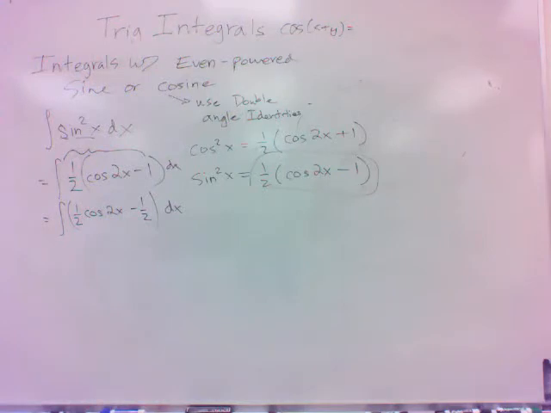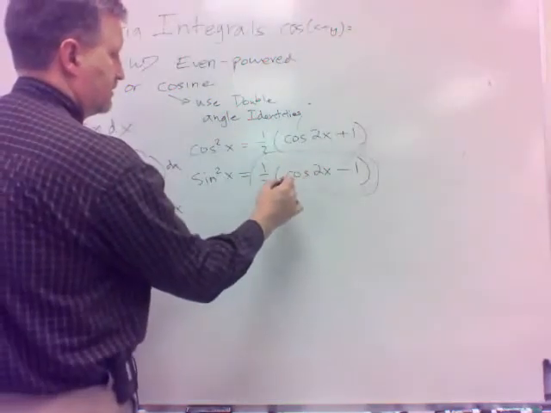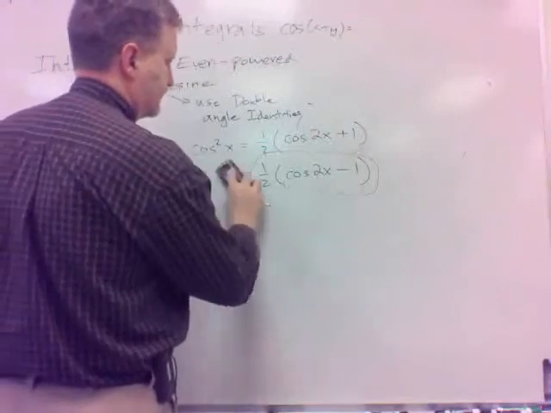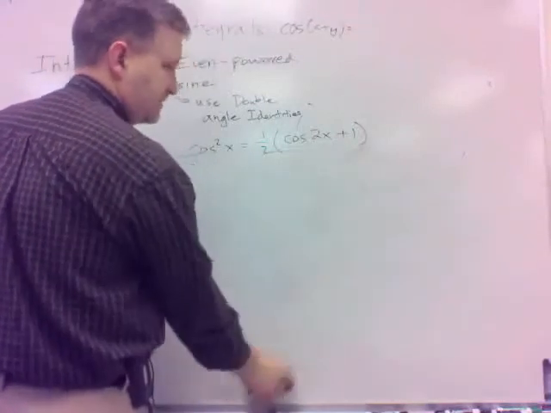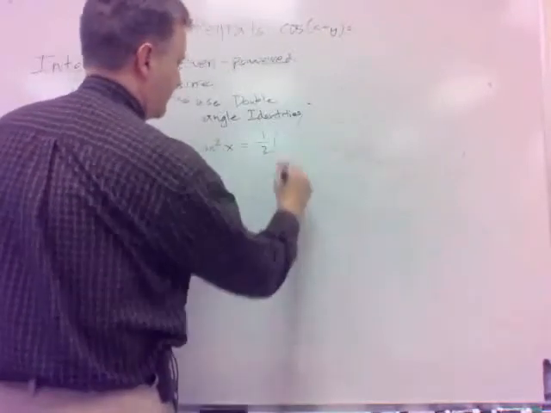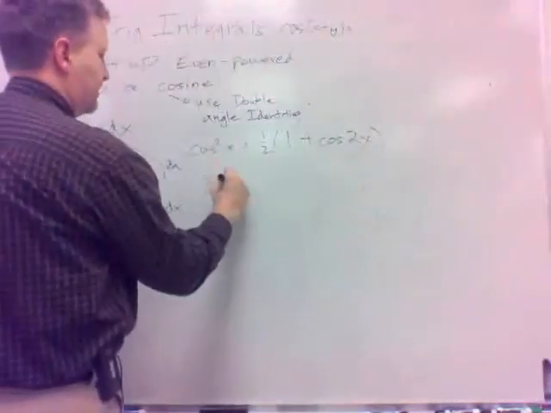However, notice this is now... Did I write that right? I don't think I wrote that right. Yeah, okay, I've made a mistake here. That's what I had a minute ago, but I made a mistake then too. It goes the other way. I think that's what messed me up. It's 1 plus cosine 2x for cosine squared.